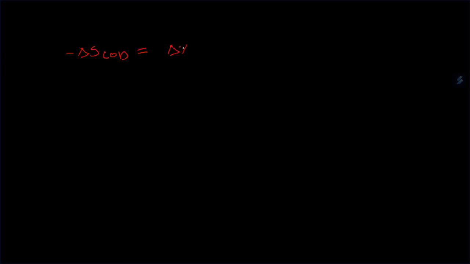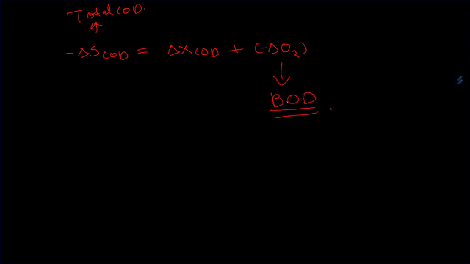Then this is the electrons which are incorporated in the biomass, and these are the electrons which are taken up by the oxygen. This is nothing but the total COD of the matter, because these are the total number of electrons. And BOD is nothing but this: the biological oxygen demand. This much O2 which is required by the organisms to degrade a matter is BOD.